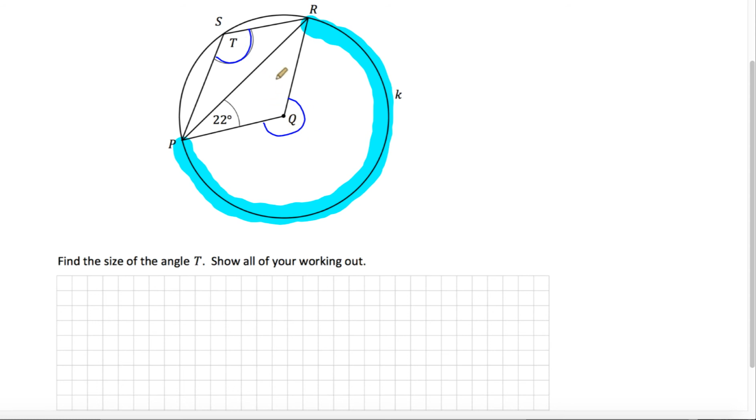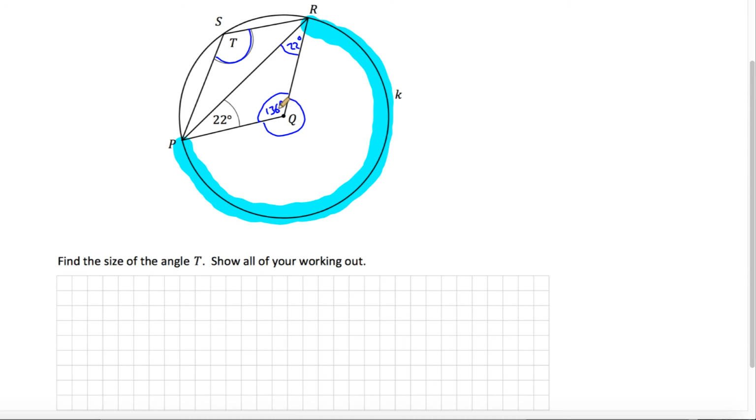Okay, but I don't have enough information to begin from there. So what do I know? I know this angle here is 22, and I know that PQ and QR are the same. They're both radii of a circle. So this angle here is also 22 degrees. So if I look at the triangle PQR, you have 22 and 22 is 44. That means that this angle here will be 180 minus the 44, which gives me 136 degrees.